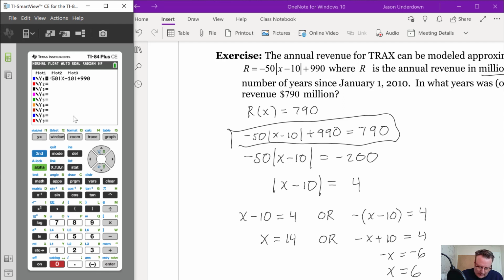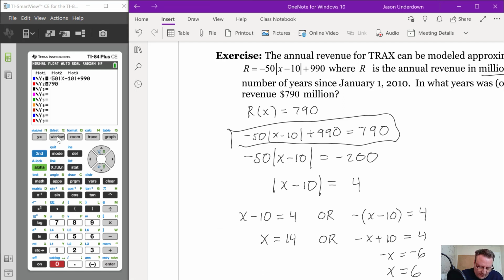And then I'll come down to my second function. This is just the constant function 790. All right, so I'm going to plot both functions and see what x values give the same y values. Where do they cross each other, in other words?